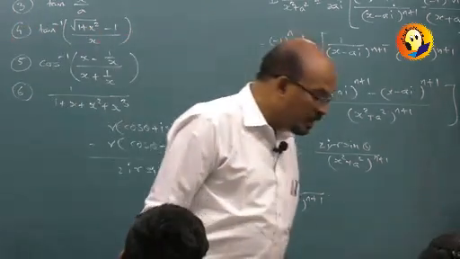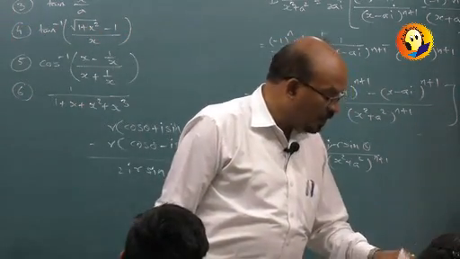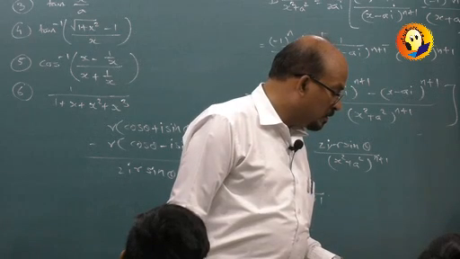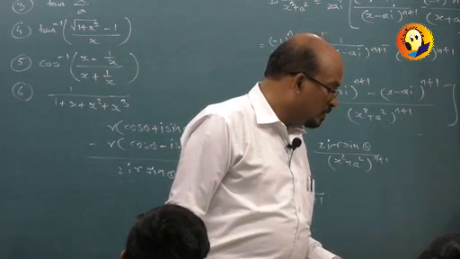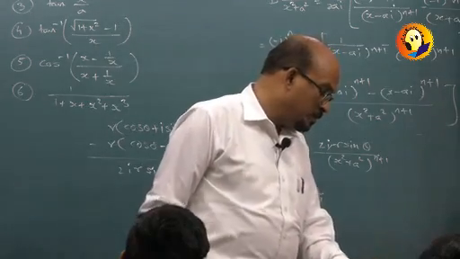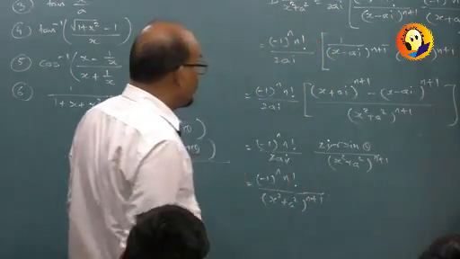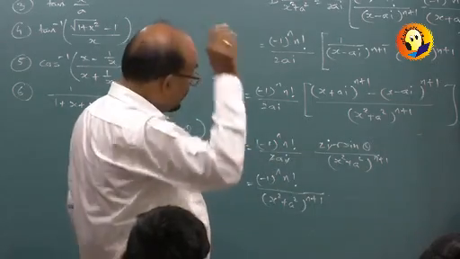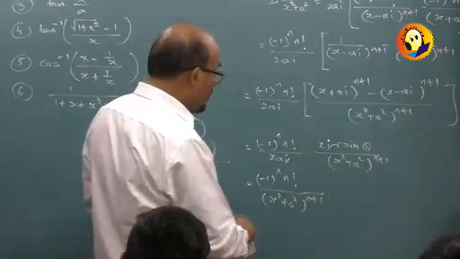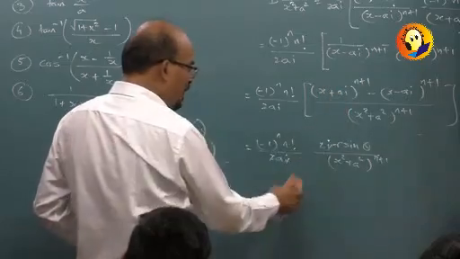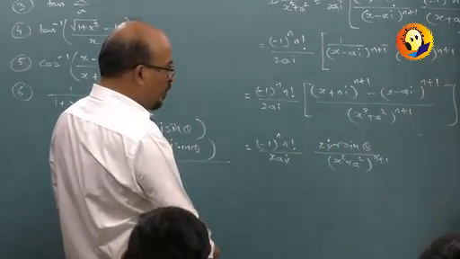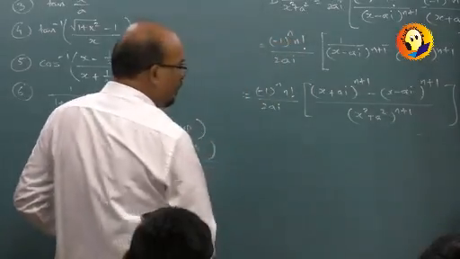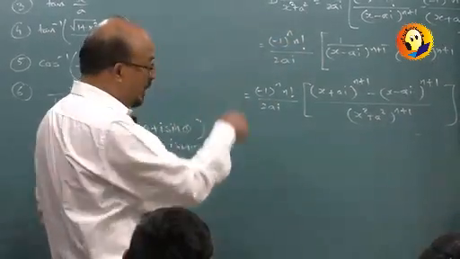What is the answer given? Has he given the answer? Oh, one second. We are making one mistake. It is correct till here, it is correct till here also, but what has happened is n plus 1 we missed.